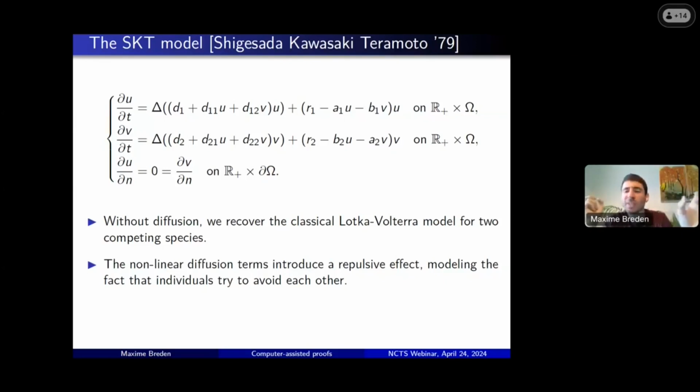And even in the specific cases when something more complicated can happen, it's actually a theorem that all non-homogeneous steady states that could exist are unstable. So you're not going to see them in the long time limit. Okay. So you need something more, and what Shigesada, Kawasaki, and Teramoto proposed was to add these cross-diffusion terms, which in some sense model some kind of avoiding reaction.